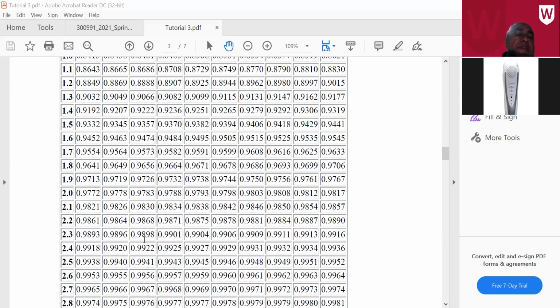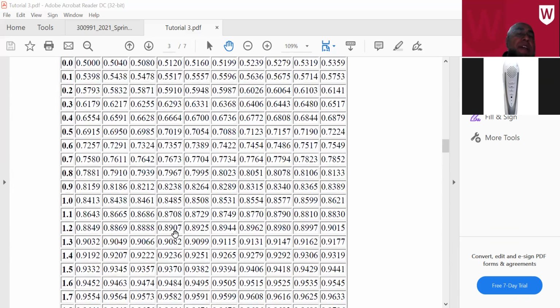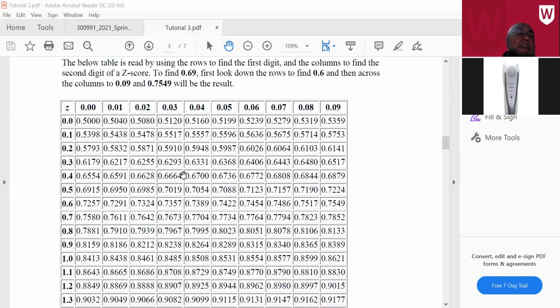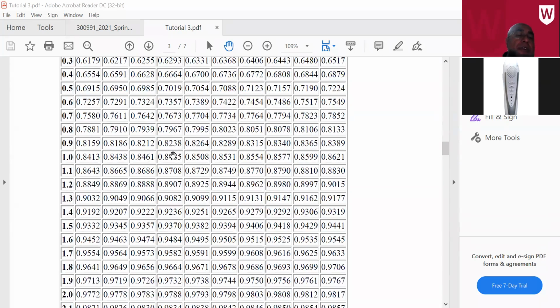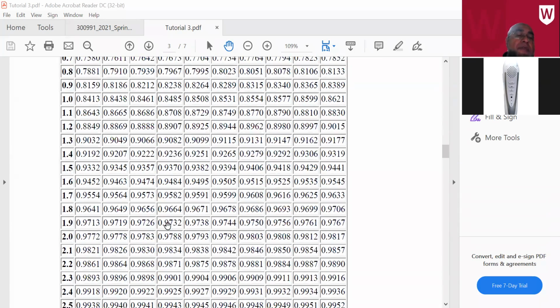So it means that our Z value for 0.99 will be close to 2.33, but a little bit smaller, because for that value we have 0.9901. So it is in between these two, and we have to do an interpolation.